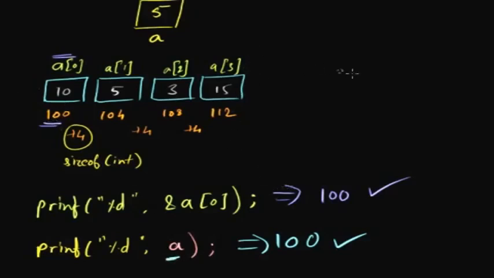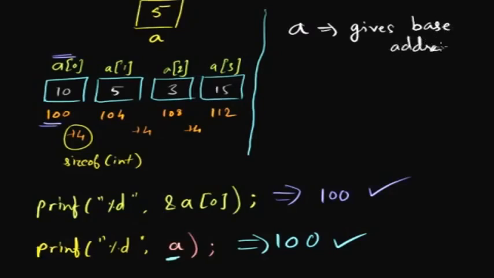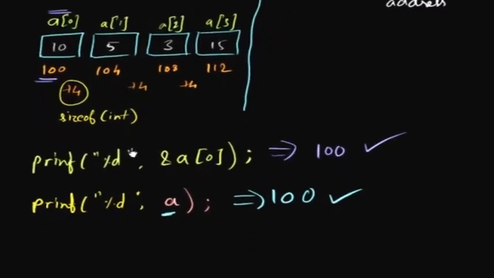Now you can easily infer from this that writing the name of an array gives the base address. Base address means the address of the first element. First means base, 0. So the array name gives the base address. Okay.